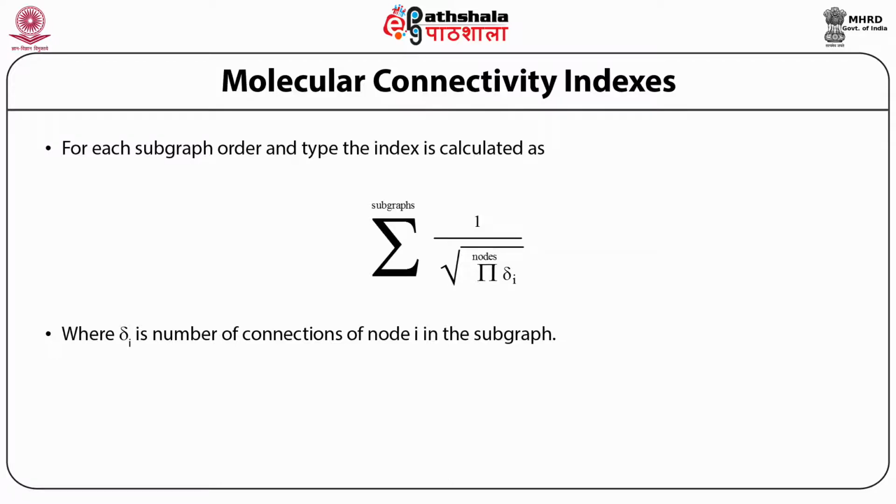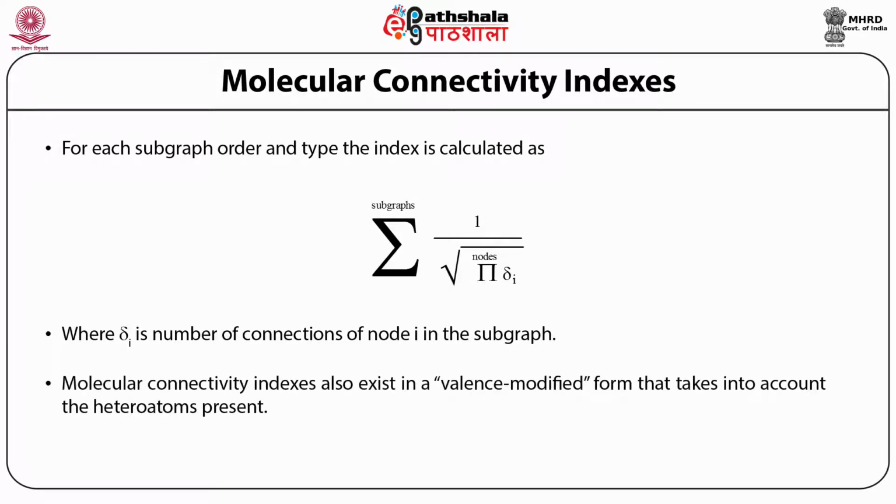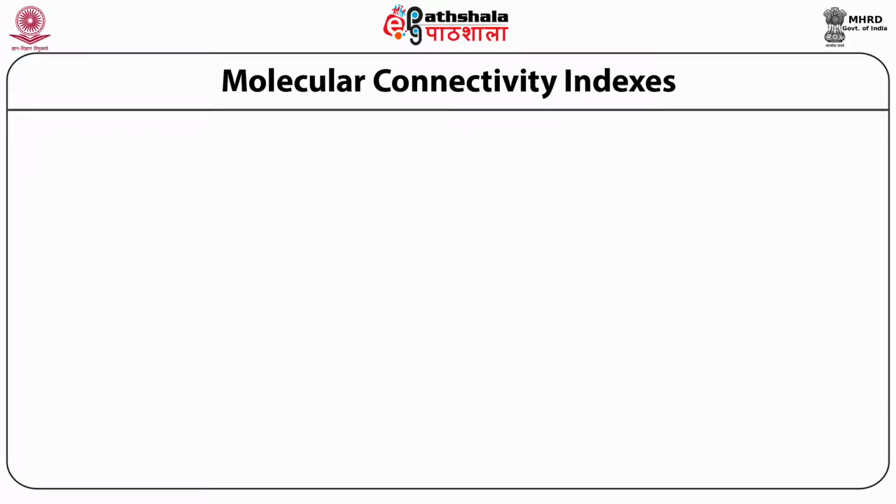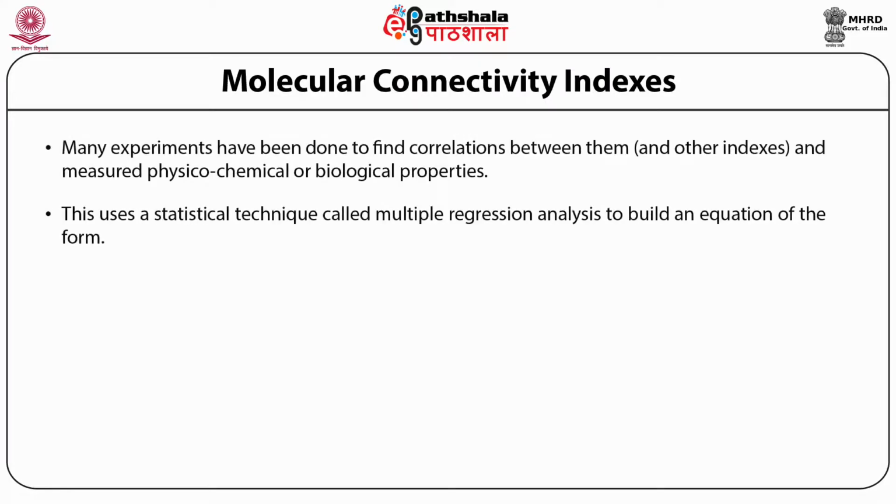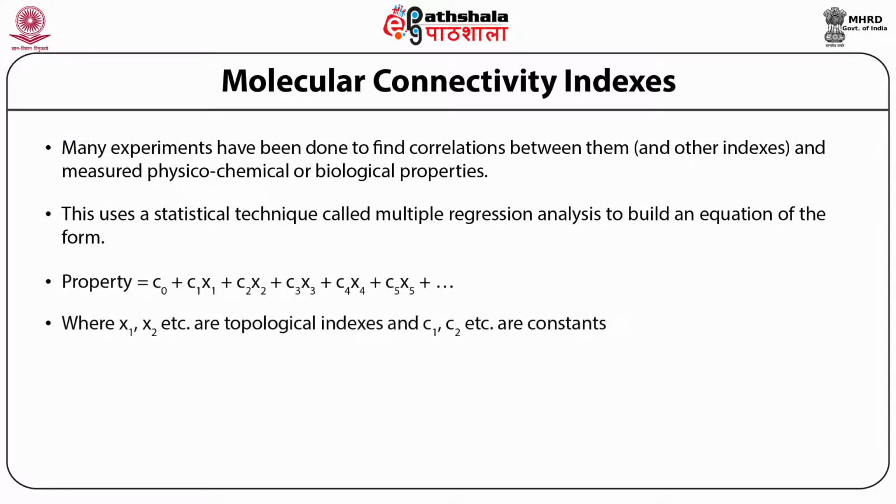Molecular connectivity indices can also have valence modified indices. Here I want to explain that very many experimental data have been found to have high correlation with connectivity index. Now the question, how do you find the correlation? Basically, you list out some of the properties on your left hand side and many of the descriptors on the right hand side, like x1, x2, etc., which are the topological indices, or the descriptors.